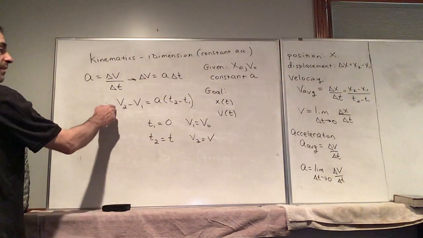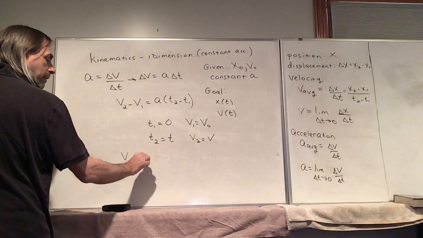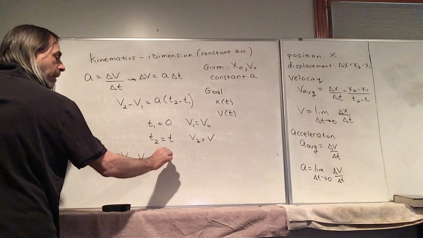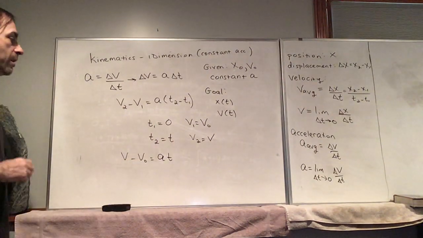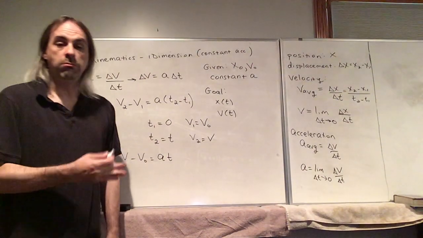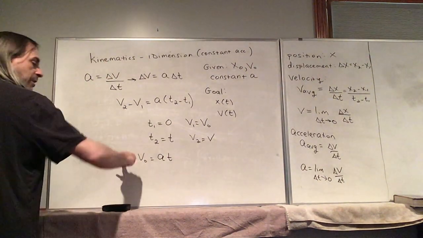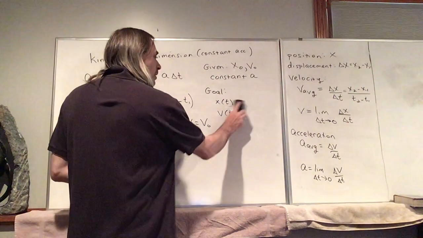And so now if we plug this in, what we have is v minus v naught is equal to a times t, because t2 minus t1 is t minus 0, or t. And now let's move this v naught term to the other side.